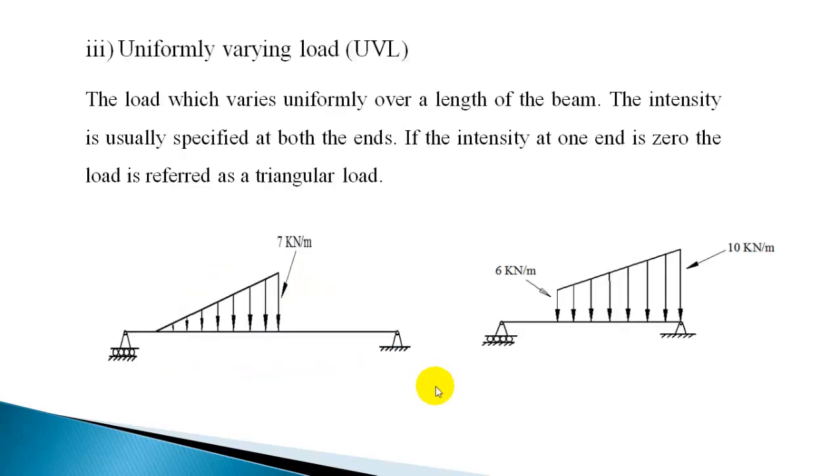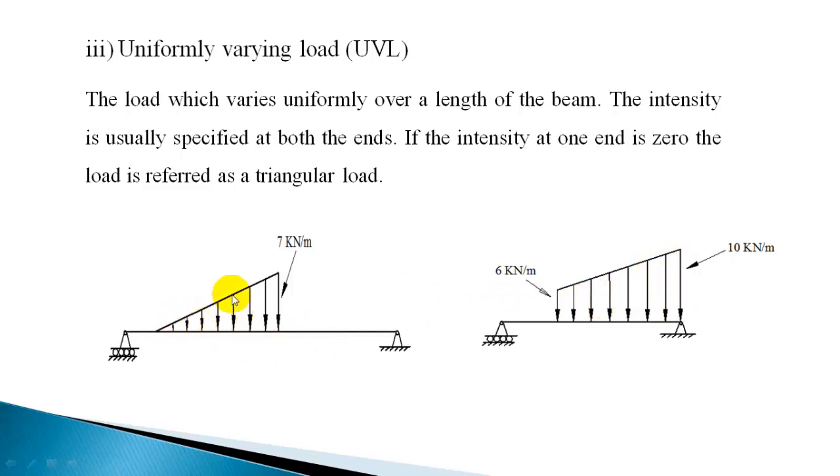Another type of load is the uniformly varying load. In this case the load will vary from one intensity to another intensity. It can vary from 0 to a maximum intensity, or from one intensity to another. These are the two types of UVL.